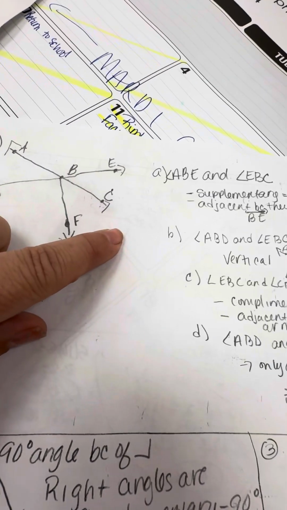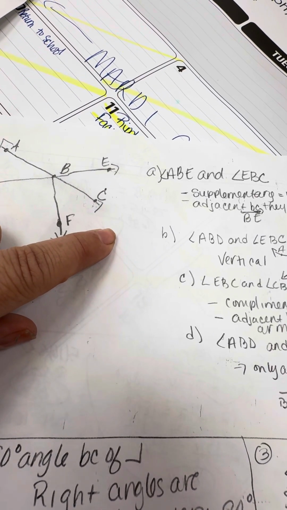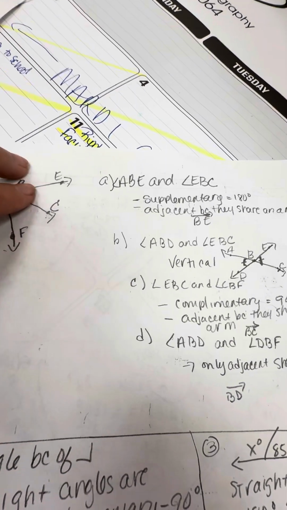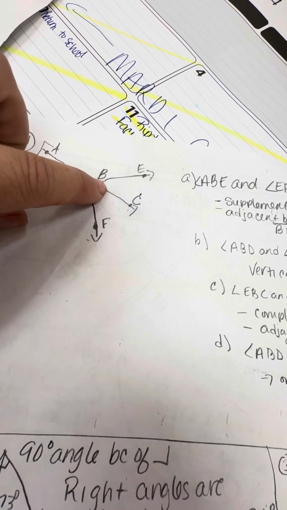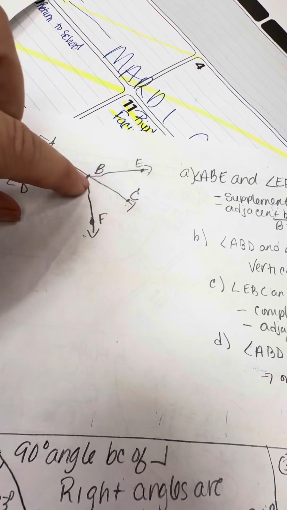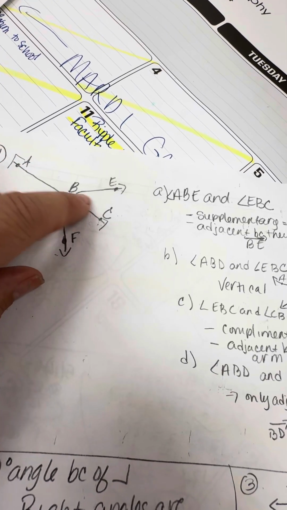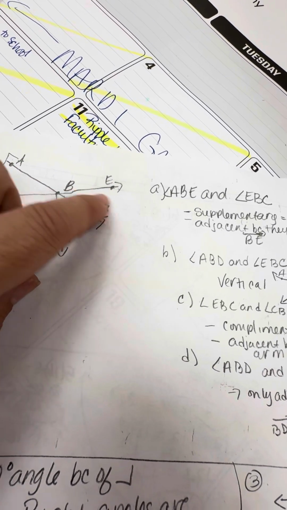Remember, a straight line of 180 is supplementary. They're also adjacent to each other because they are right next to each other. This angle is next to this angle and they share an arm.